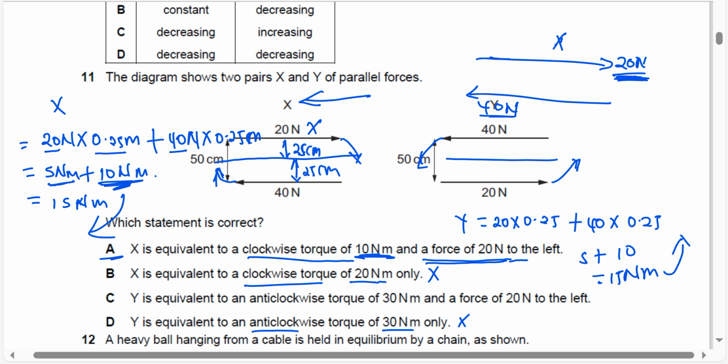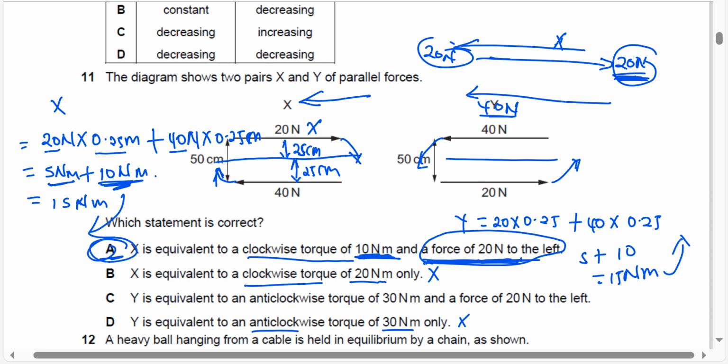I need a force to counter this to the left, in the opposite direction, so that the moment of this and the moment of another 20 newtons to the left cancel out, so that the resultant is just 10 Newton meters. Without this force here, the resultant would be 15 Newton meters. But with this force here, the resultant would be 10 Newton meters because the 20 newtons to the right is cancelled out with the 20 newtons to the left, which we have added there. So the answer is automatically going to be A.